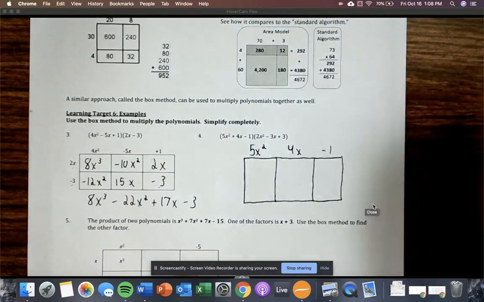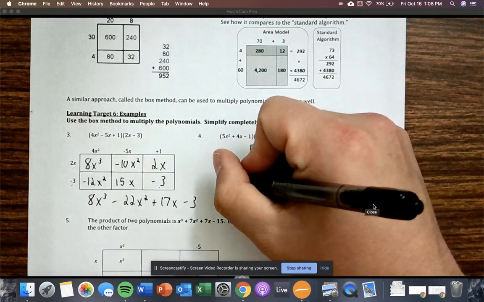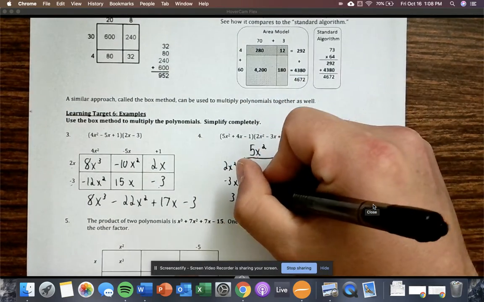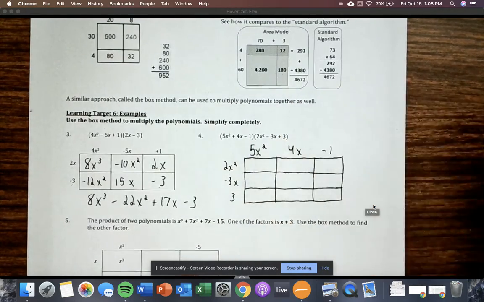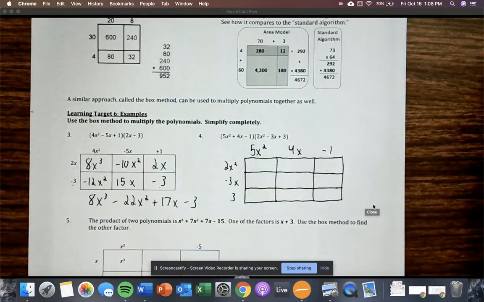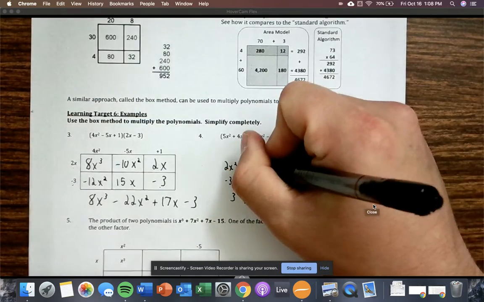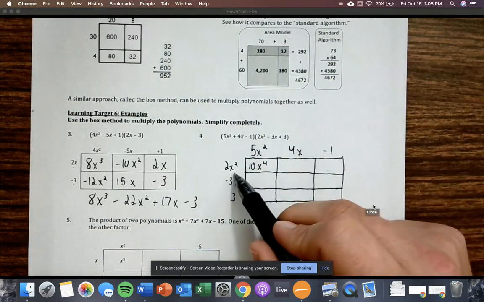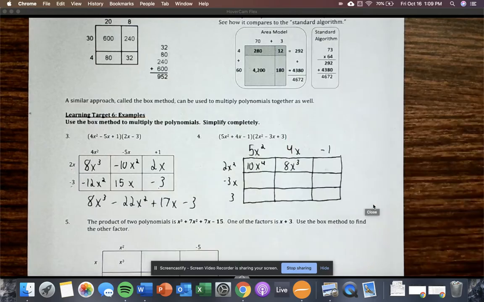And then on the side, we're going to have 2x squared minus 3x plus 3. Then all we have to do is multiply these together. 2x squared times 5x squared is 10x to the 4th. 2x squared times 4x is 8x cubed.